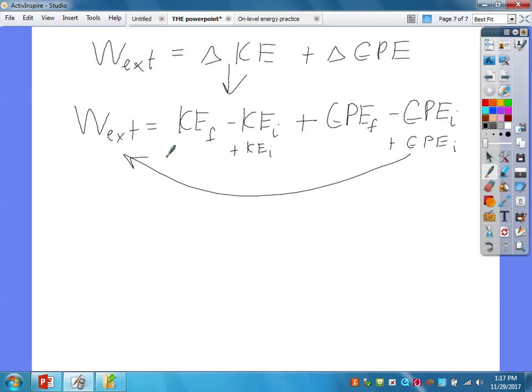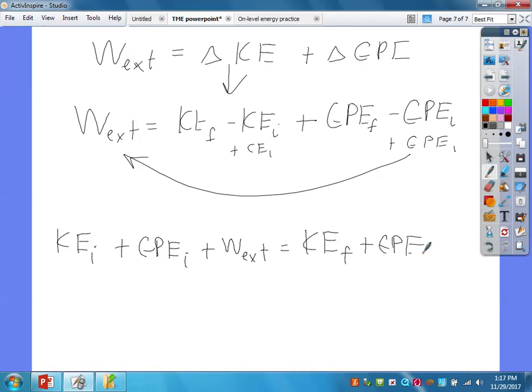Let me start this again: kinetic energy initial plus gravitational potential energy initial plus work external equals kinetic energy final plus gravitational potential energy final. That is the formula that I prefer and encourage. On one of my worksheets, it's written on every single problem for you to see.